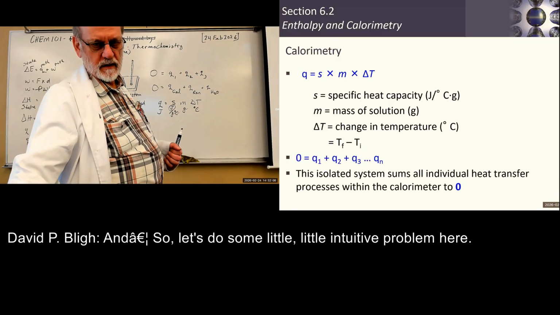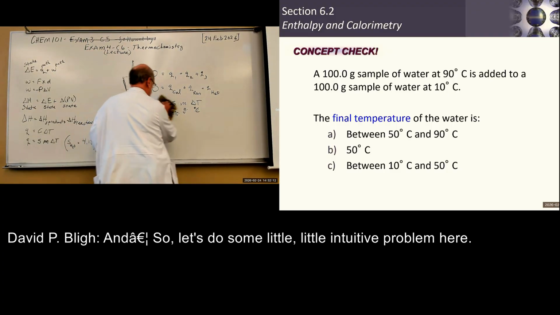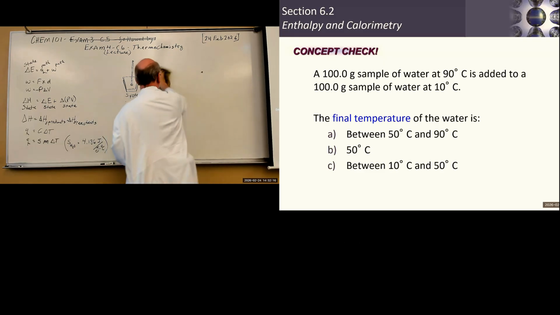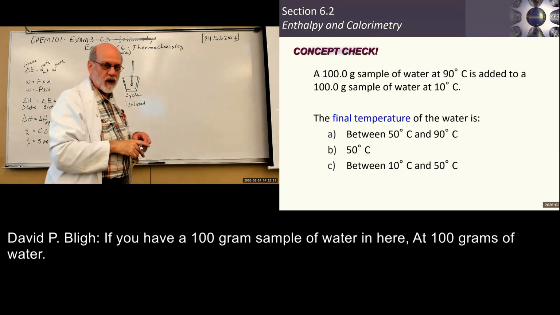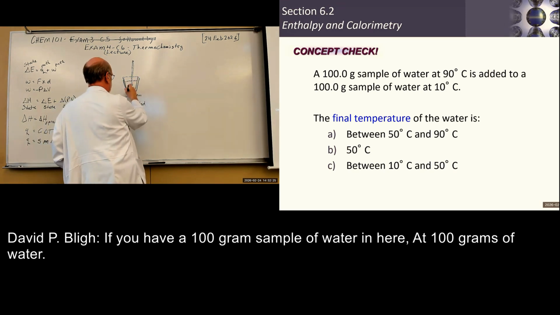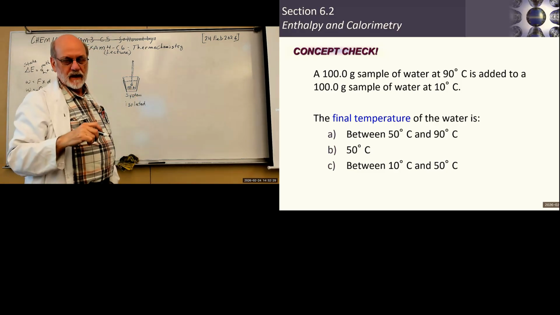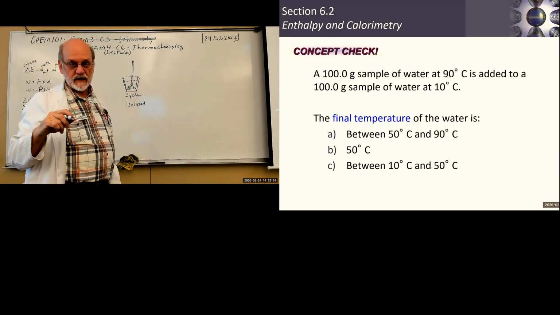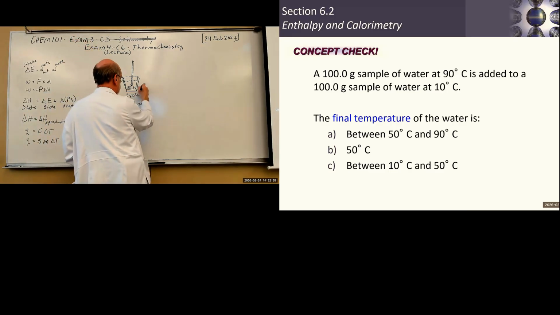There we go. And so let's do a little intuitive problem here. If you have a 100-gram sample of water in here, and this 100 grams of water is at 10 degrees.